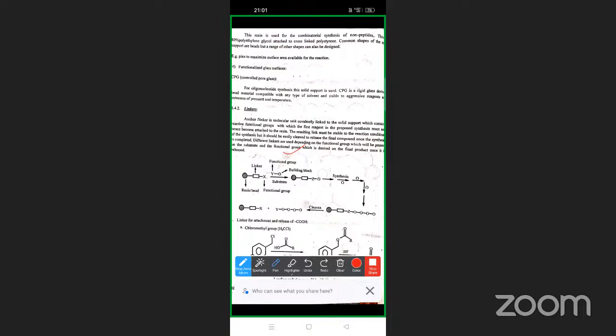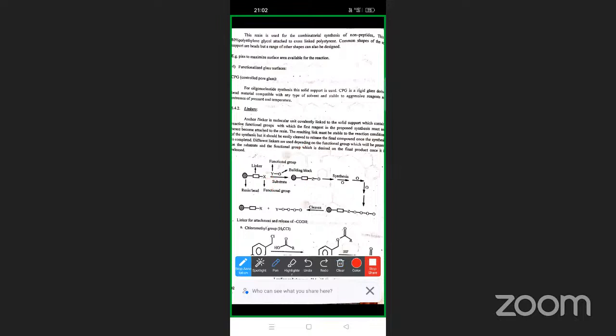Now what is happening here? This Y is reacting with X, which means it is going to attach to your solid support. Before the reaction takes place, the building block or substrate molecule must be attached to your resin bead or solid support containing the linker. When X and Y react with each other, it becomes Z. So why Z here?